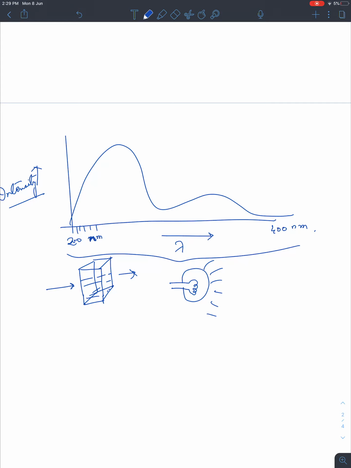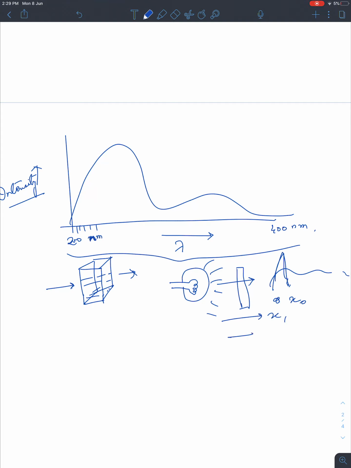So what is done here is, first we put this light through the cuvette and we get a signal. We get just one intensity, one data point, so we get an x0. Then we put a mirror in front of it so that some of the wavelengths are cut off, and then I get an x1. Similarly I will get a whole range of data points up to xn, or capital N minus 1.